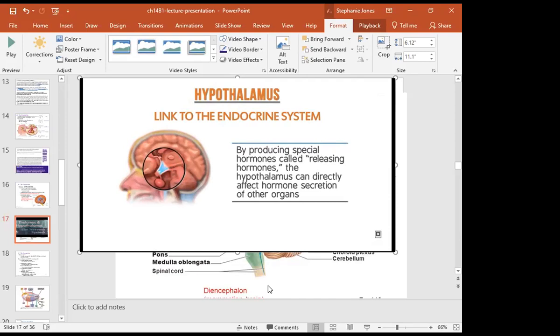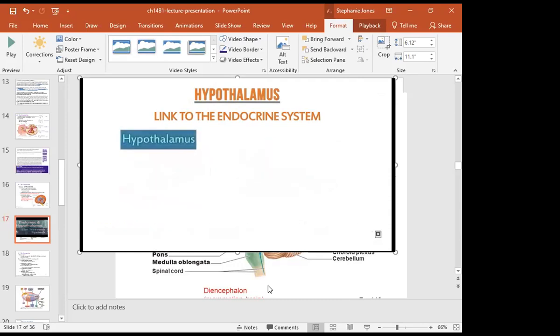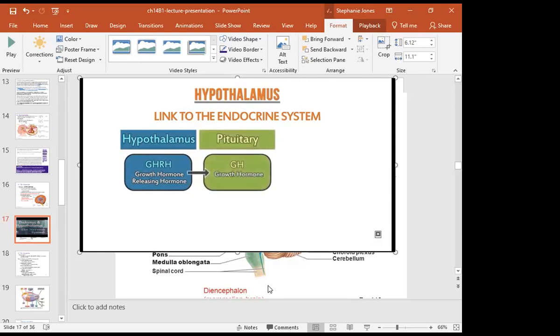In fact, releasing hormones, also known as releasing factors, stimulate the secretion of other hormones. For example, GHRH, or growth hormone releasing hormone, stimulates the anterior pituitary to secrete GH, or growth hormone.